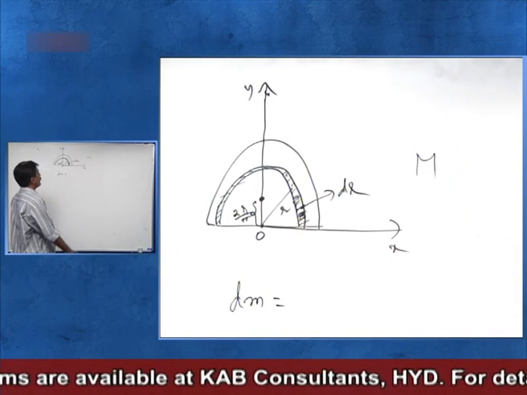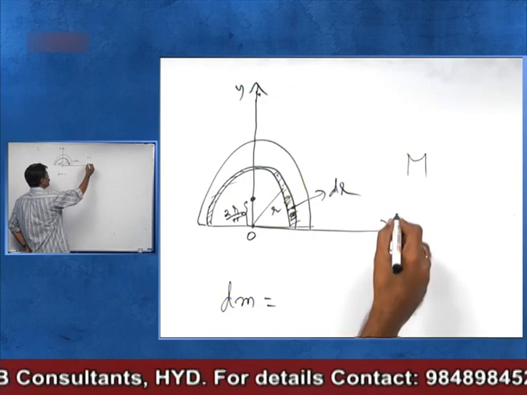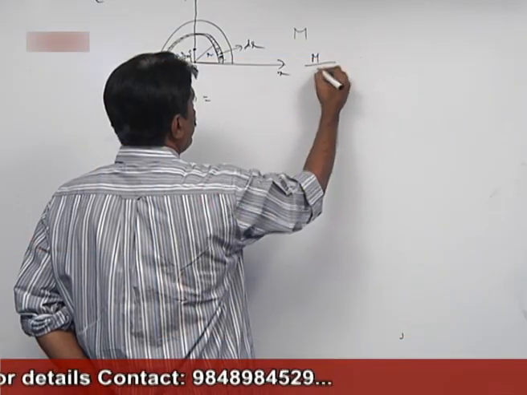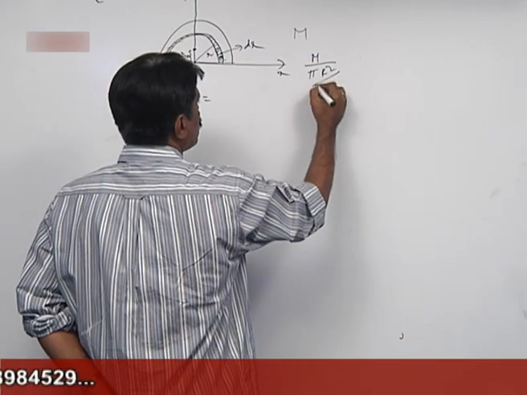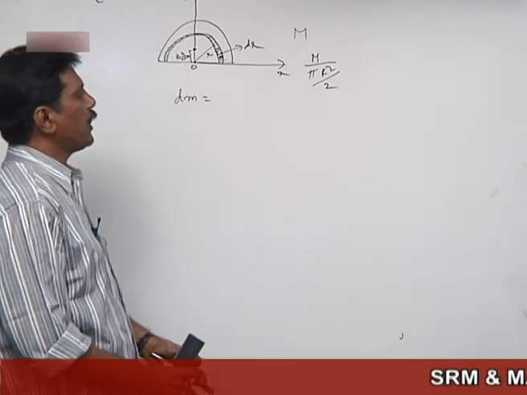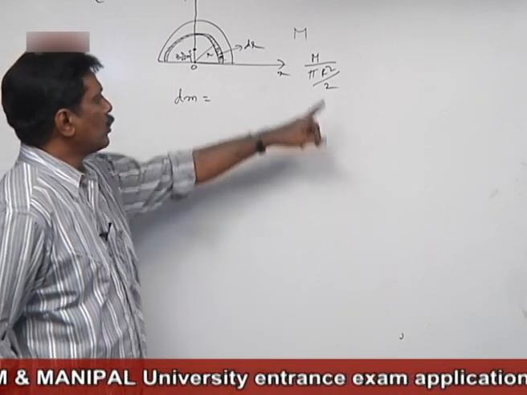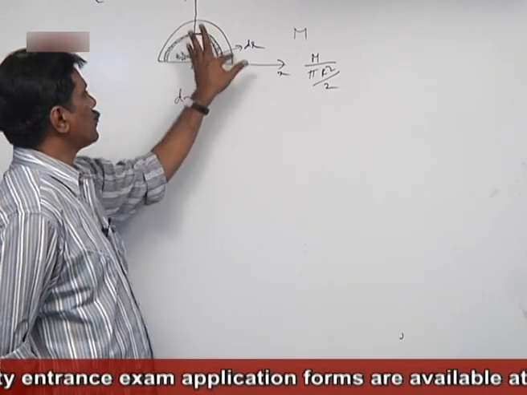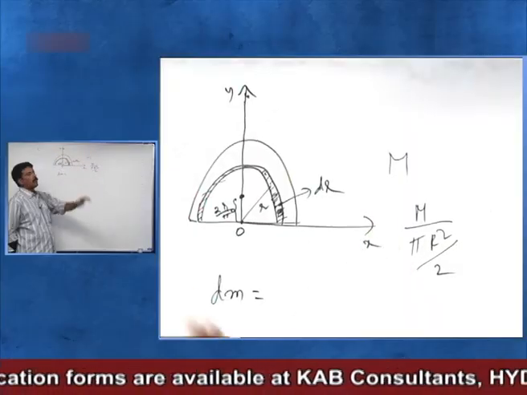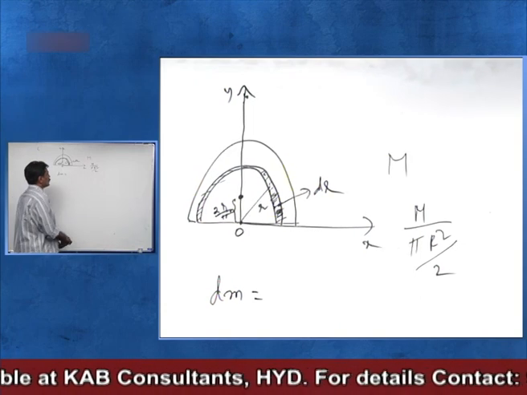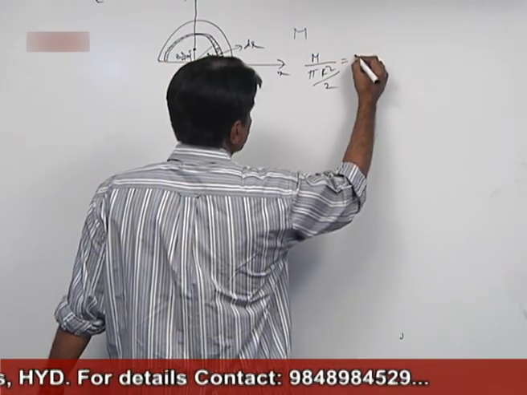Then mass per unit area will become m by pi r square by 2, because circle area is pi r square, so semicircular plate area will be pi r square by 2. This is equal to 2m by pi r square.